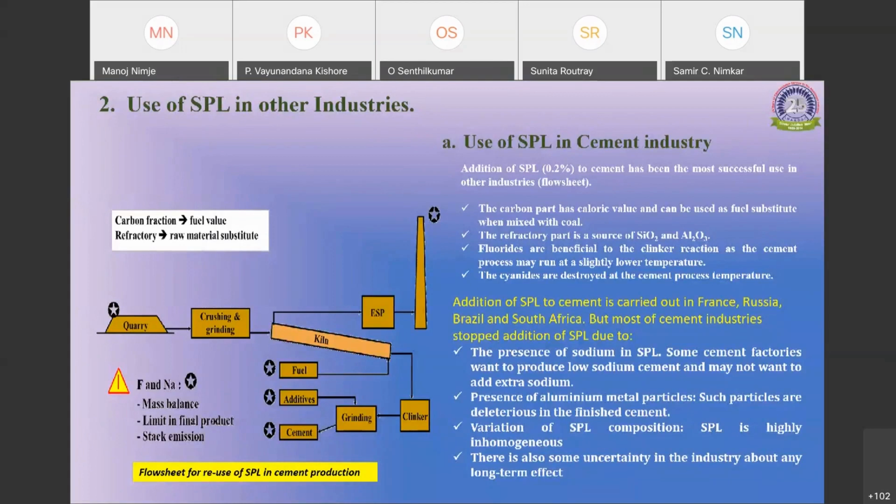The presence of aluminum particles in SPL is deleterious in the finished cement, and there is a variation of SPL composition because SPL is highly inhomogeneous in nature, and there is also some uncertainty in the industry about the long-term effect of SPL on their process or the equipment.